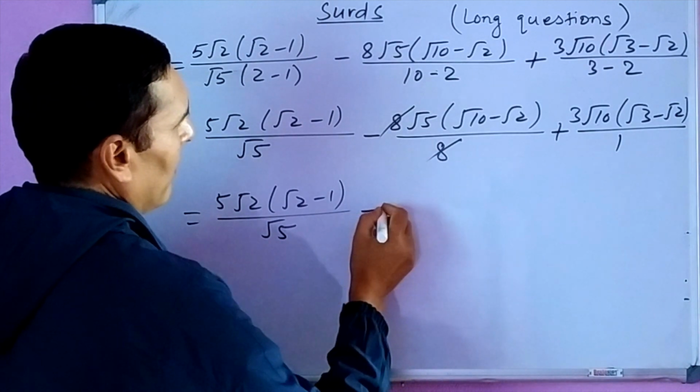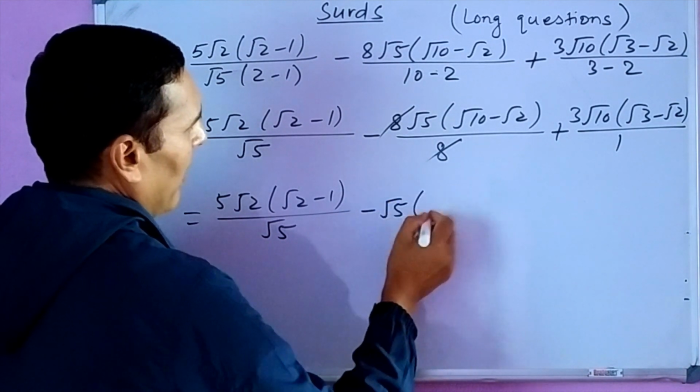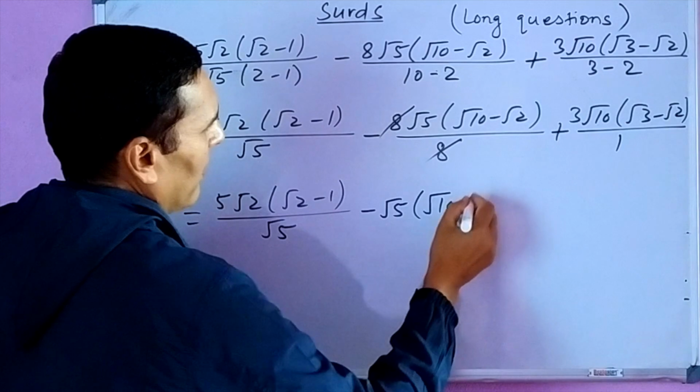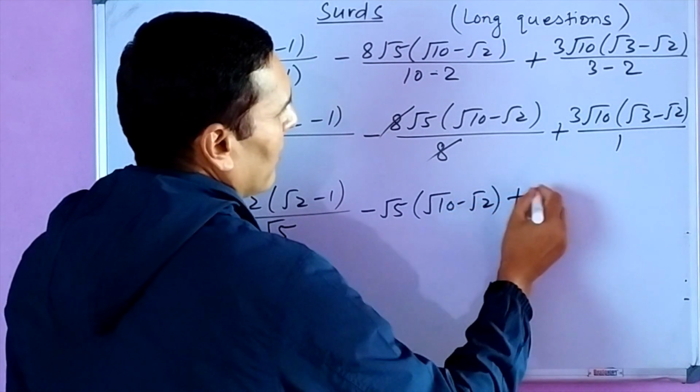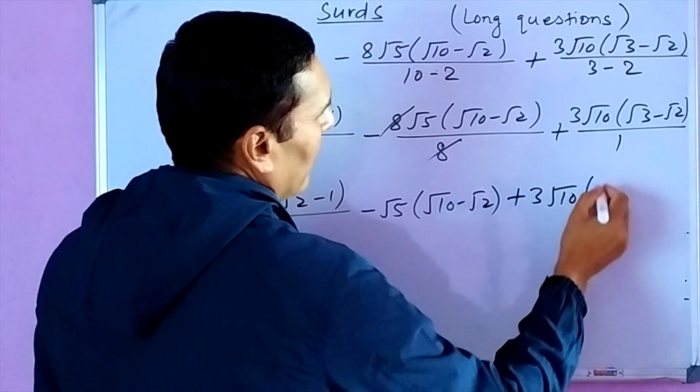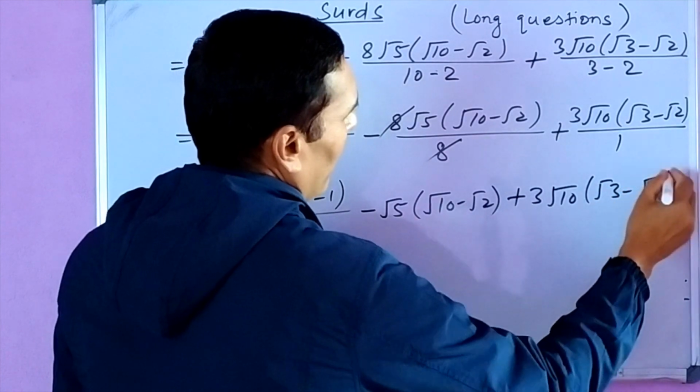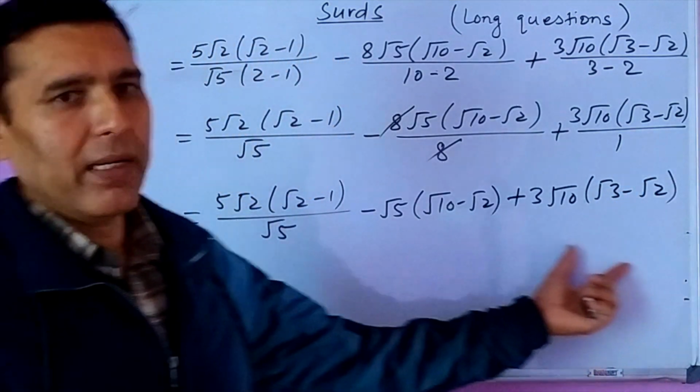So what we have here? √5(√10 − √2), and here also 3√10(√3 − √2). So first we open these two brackets.